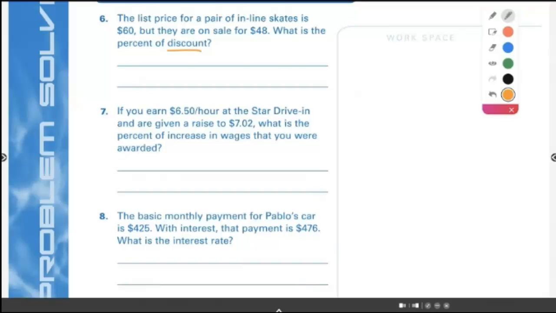So we have to do 60 minus 48 to figure out our money discount, and that's 12. Perfect. Now to figure out the percent, remember the shortcut was you divide 12 divided by 60. What do you get? 60. Yep.